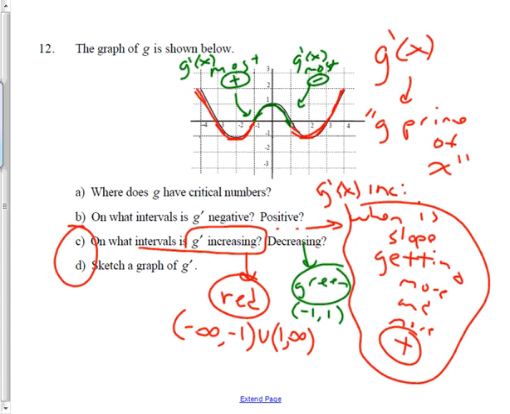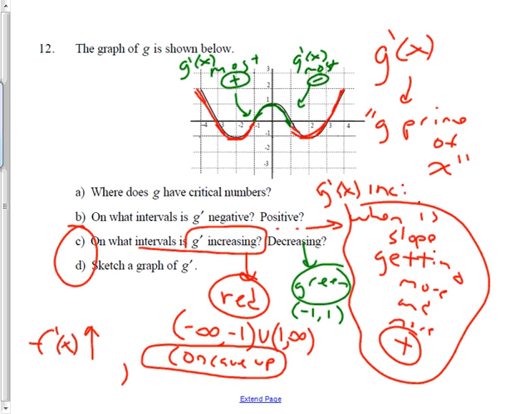Now, you should start thinking, oh, there's something going on here more than just the derivative increasing or decreasing. But what's true about the red sections versus the green sections? Well, in the red sections, what about the concavity? During the red sections, we are concave up. So in other words, when f prime of x is increasing, it's concave up.